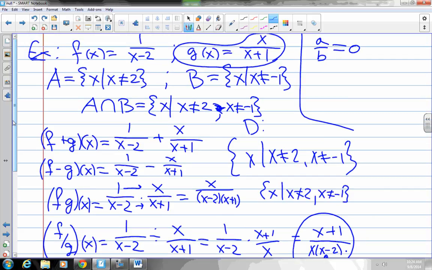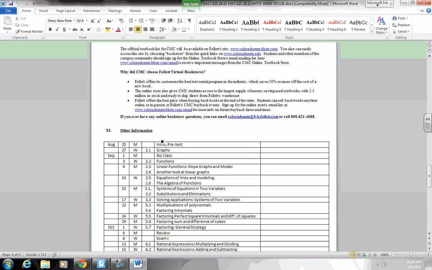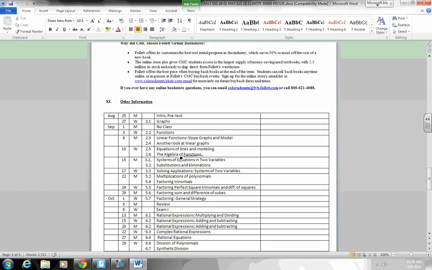Okay, so anyways, that's the problem. That's section 2.6, which is this thing right here. We were supposed to do that on Wednesday, so we're a day ahead of schedule as of right now.